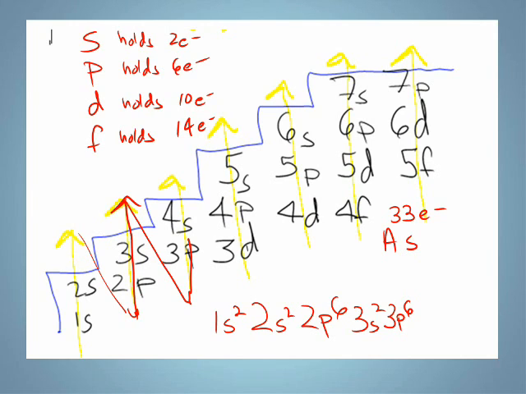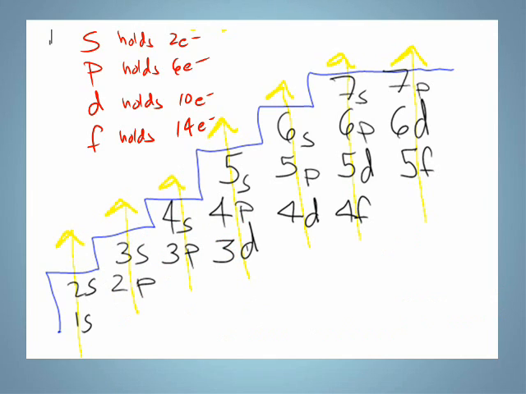We have 10 plus 8, that's 18 electrons, and we need 33. Then we go up to 4s2. So that's 20 electrons. Then we go down to 3d10. That's 30. So we only need 3 more. And then we go to the 4p3 with 3 electrons. So this should add up to 33 electrons. And that's the electron configuration for arsenic.